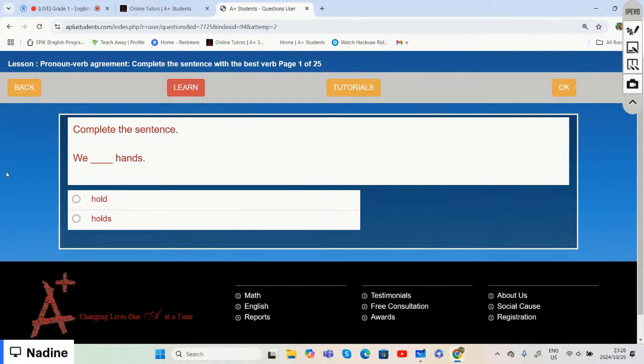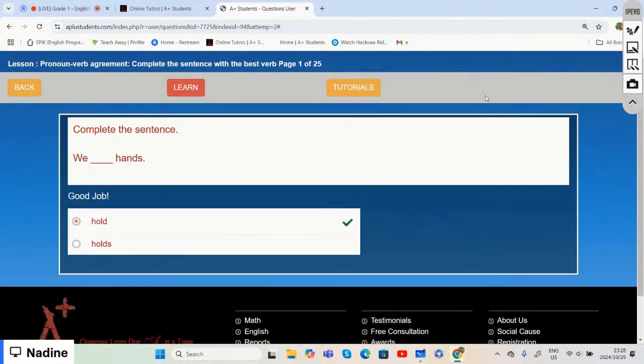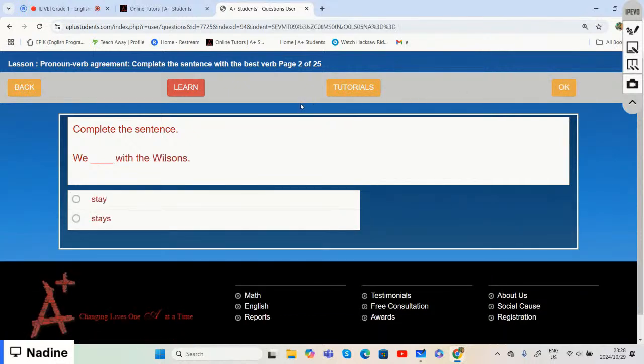If we choose the correct option by saying more than one person does something, then yes, we can say we hold hands, option one. Well done. We hold hands.